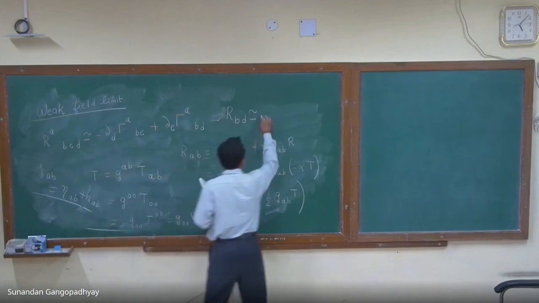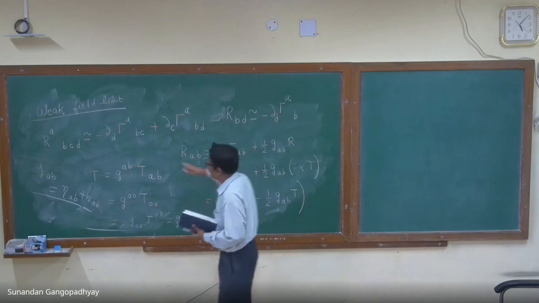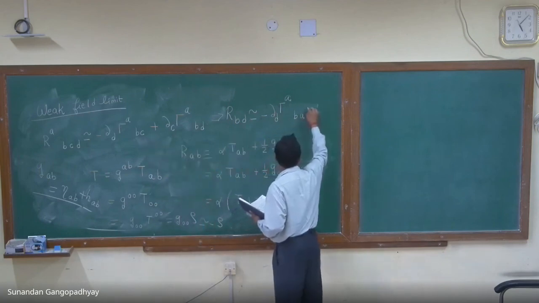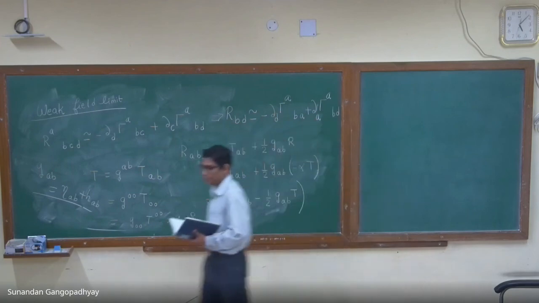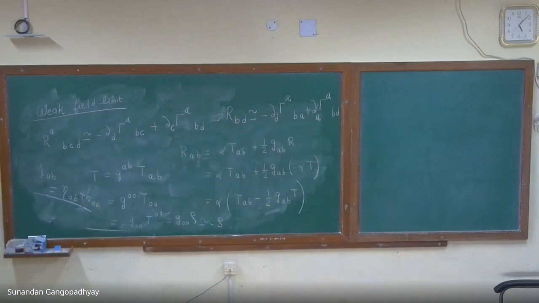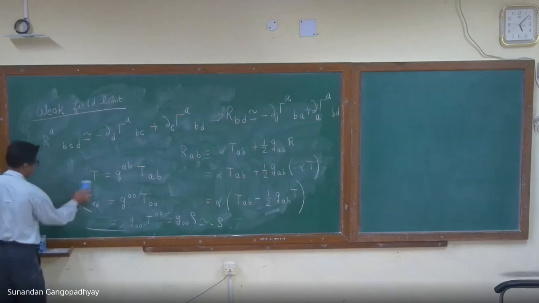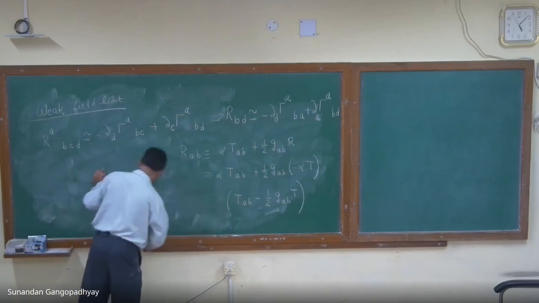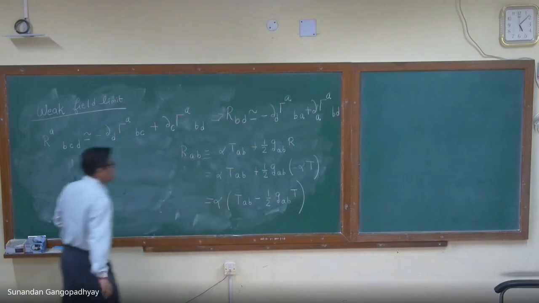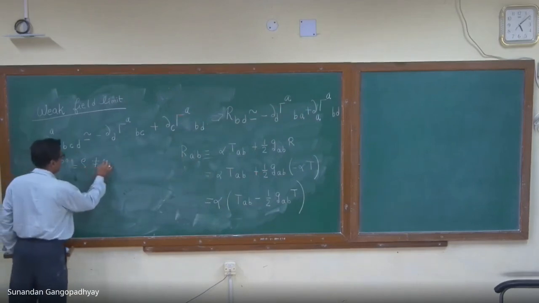If you do that, minus del_D gamma^A_BA plus del_A gamma^A_BD. Now, we have seen that only this is equal to rho, this is non-zero, and all others are zero.